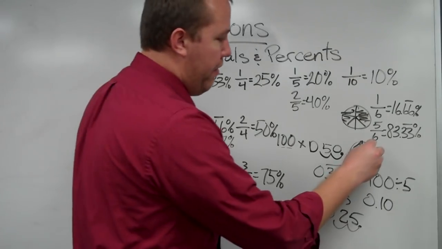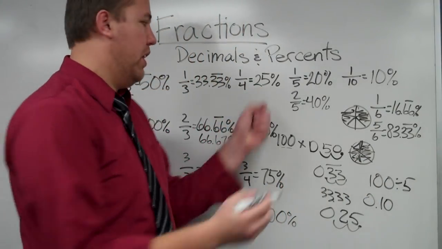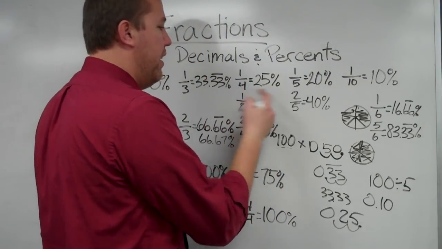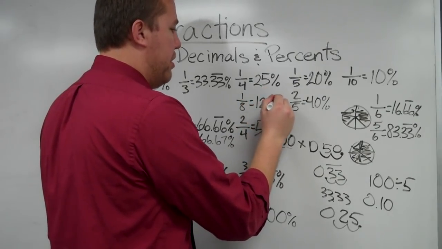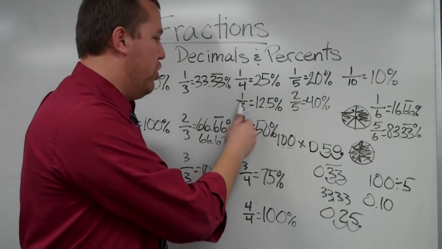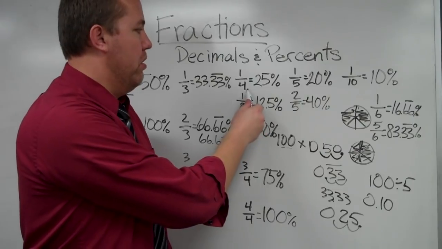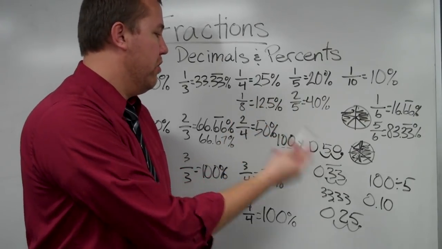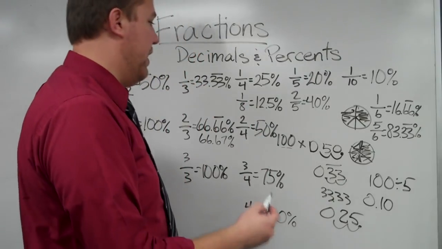Okay. Then the last one, eighths. Eighths are half of fourths. So if 1/4 is 25%, 1/8 is half of that. Half of 25% is 12.5%. Okay. So 2/8 equals 1/4. 3/8 equals 2/8 plus 1/8. So 3/8 equals 37.5%.